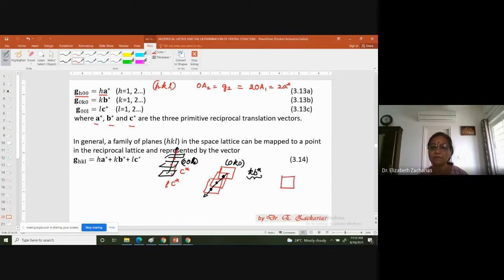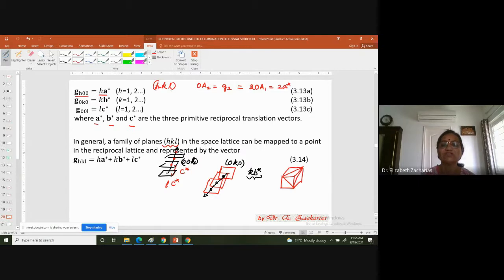For example, I may have a plane like this, where H is not equal to 0, K is not equal to 0, L is not equal to 0. In that case, the family of planes will be some HKL planes.